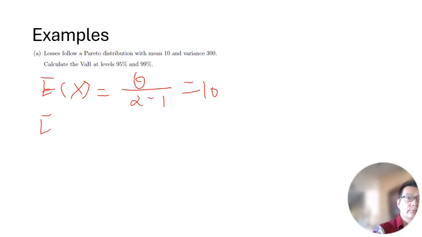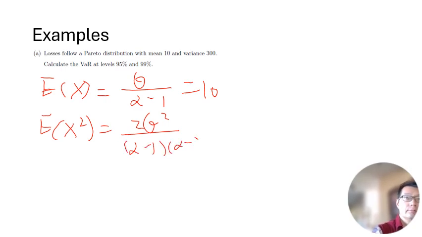And also we have variance equal to 300, which means E[X squared], which is actually not the variance, but let's write it out first.